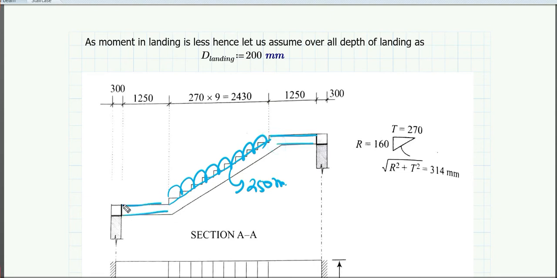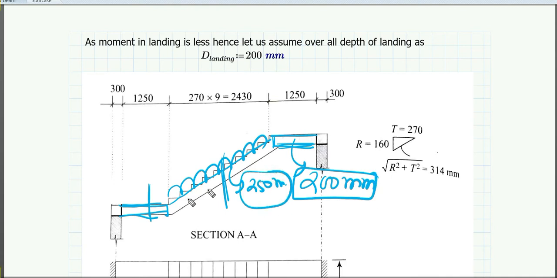As you can consider it a beam, the moment is maximum near the span and minimum near the support. So as the moment in the landing portion is less, we can reduce the thickness of the landing. Let us assume the landing depth is 200 mm and the waist slab is 250 mm.